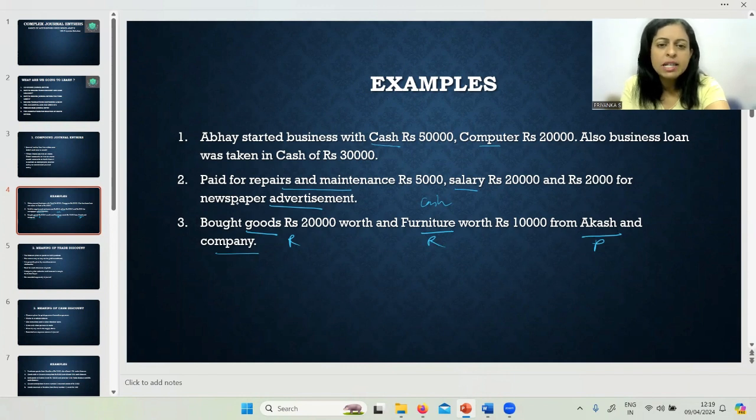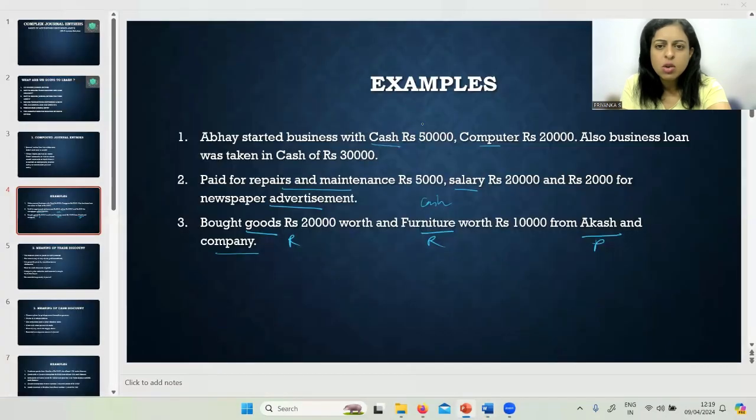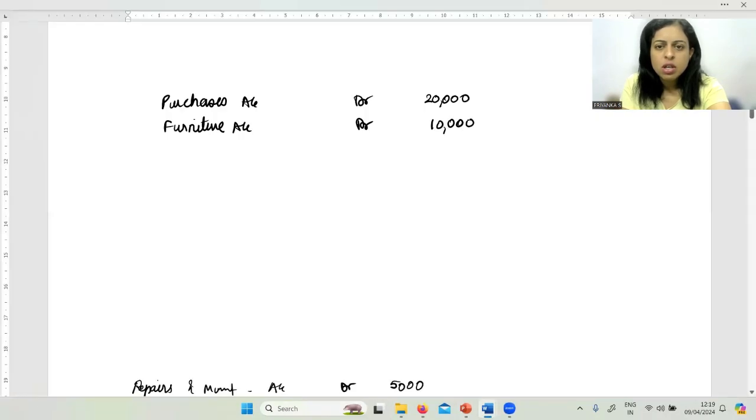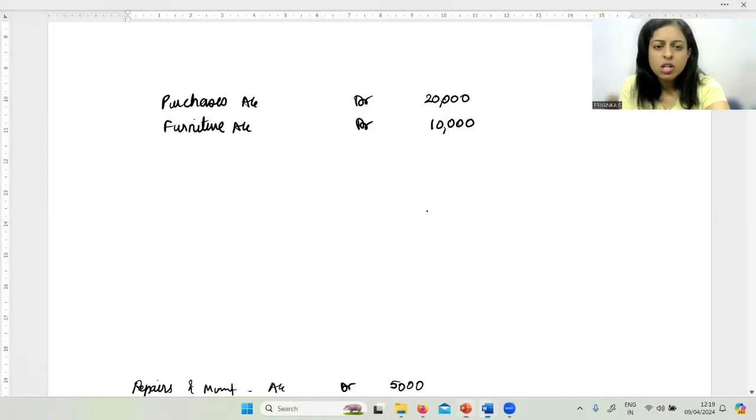So I'm going to now write directly the compound journal entry. How? Goods are brought in, purchases account debit. Amount is 20,000. Next is furniture account. I'm bringing in furniture account debit. Amount of furniture is 10,000. And who is giving this? Akash and company is giving.